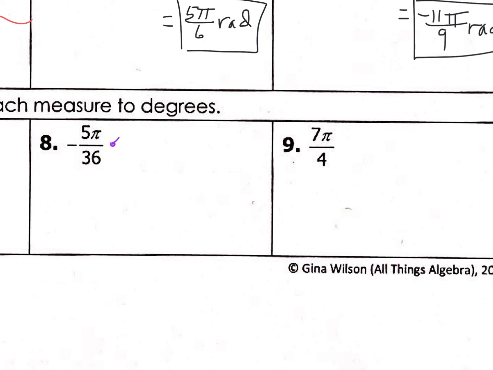All right, so you should have multiplied this by 180 degrees over pi. Your pi's are going to cancel. And you have a negative 900 degrees divided by 36. And negative 900 divided by 36 is negative 25 degrees.